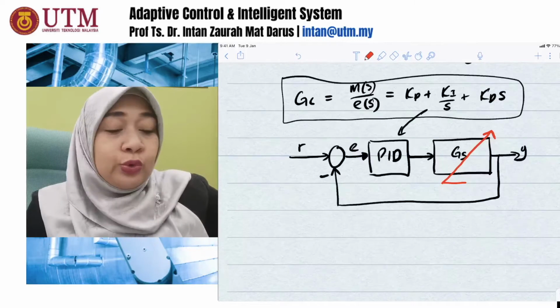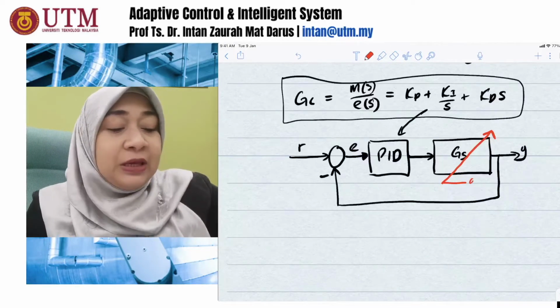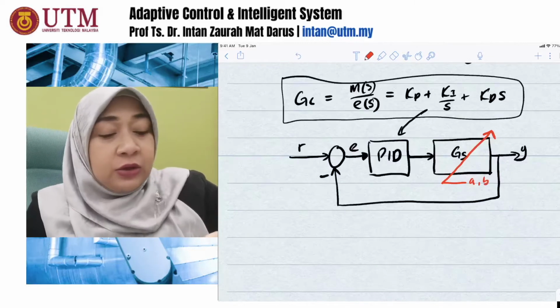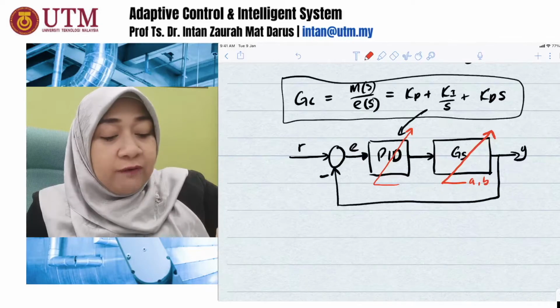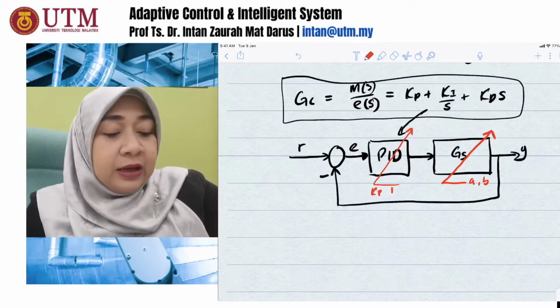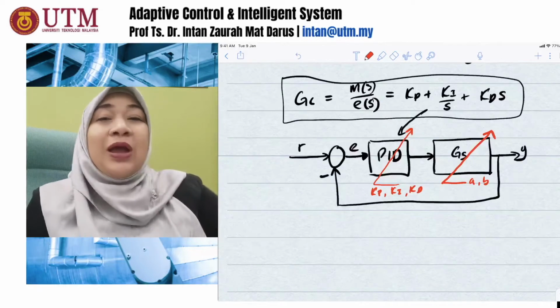So when the parameters of your system, for example the values of A and B, change, your controller also needs to be updated. That means you want to change the values of KP, KI, and also KD, the gains of your PID control. So how can we do that?